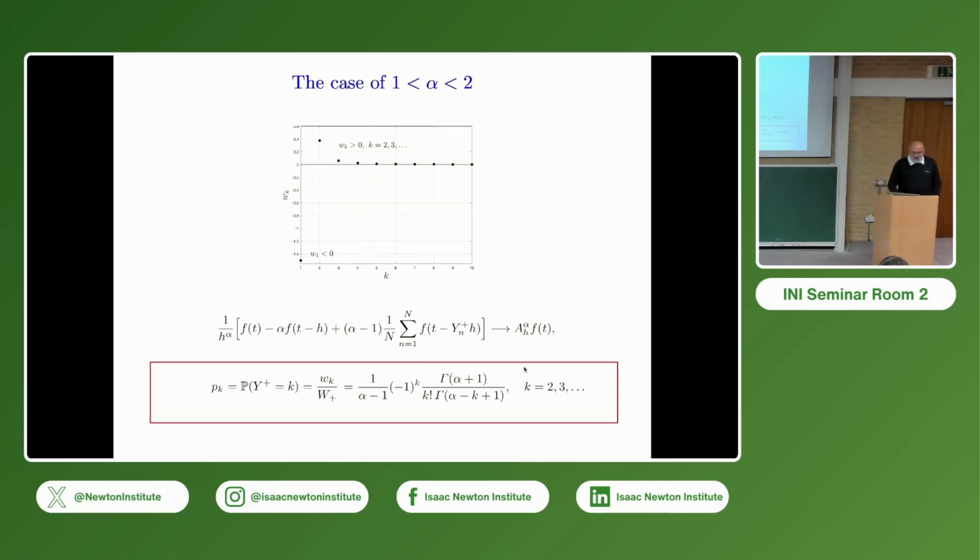So one of those things we extracted here. W1 corresponds to this minus alpha f(t minus h), and so forth. The rest is here.